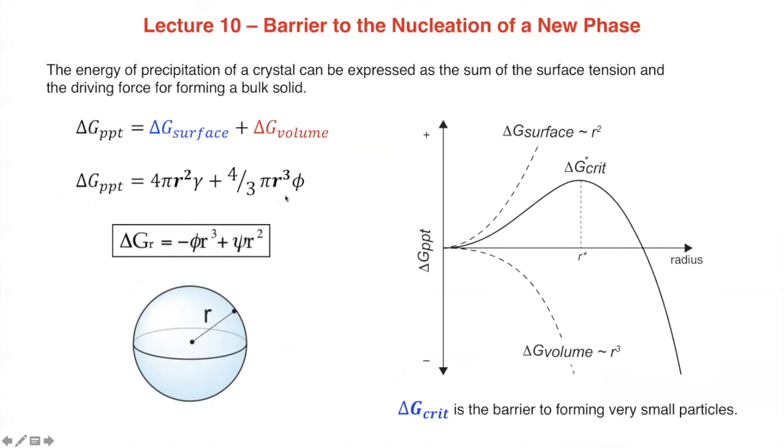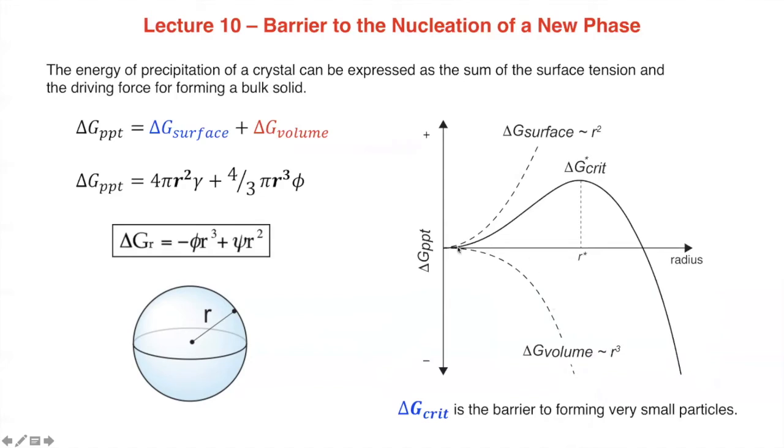And the sum of those two quantities gives rise to this interesting relationship shown here on the right. So you can see the surface term going up as r squared, where here is this overall delta G for precipitation, shown in this solid line. The volume term is shown here in this dashed line going down as r cubed.